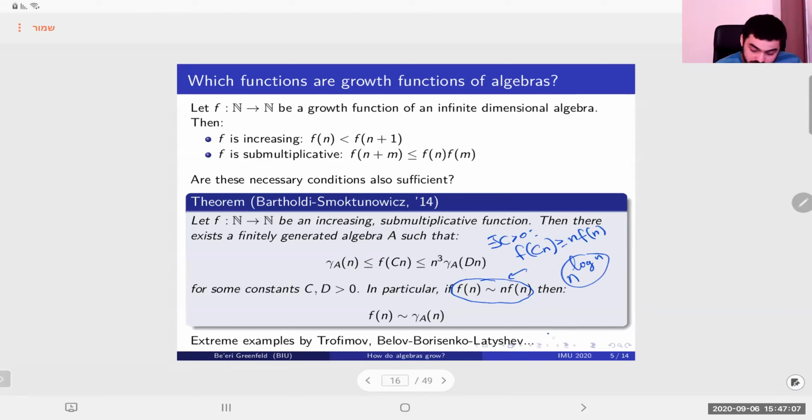These are growth functions that oscillate between polynomial, in fact, the least possible degree polynomial, and any sub-exponential function. So they're infinitely often very slow and infinitely often very rapid. And this weird phenomenon cannot happen, for example, within the class of growth functions of groups. So this is some kind of a weird phenomenon that happens here.